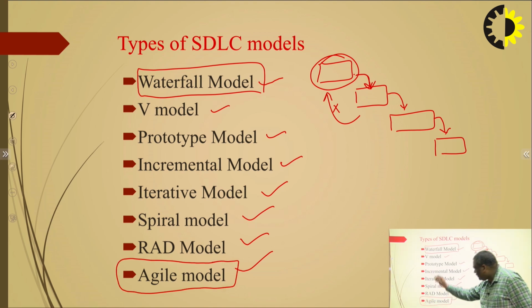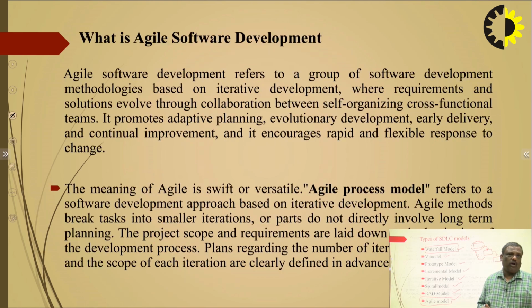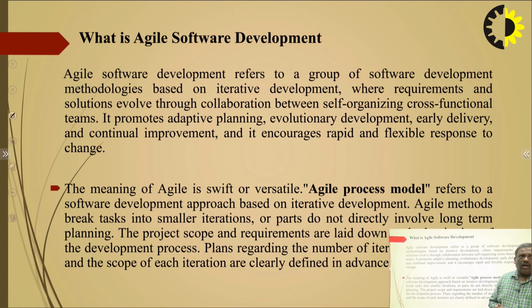So today's topic is the Agile model. It is a rapid adaptive model that is based on the iterative process. So we understand what an Agile model is. Agile software development refers to a group of software development methodologies based on iterative development.